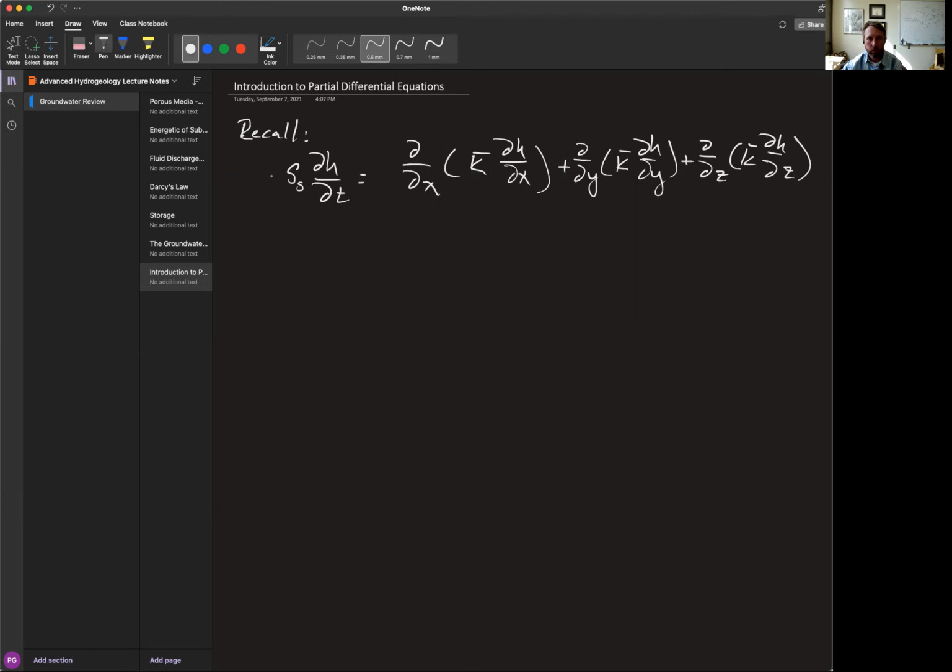Okay, and this was our groundwater flow equation. Again, this is for fully confined, fully saturated flow, often in a confined aquifer here.